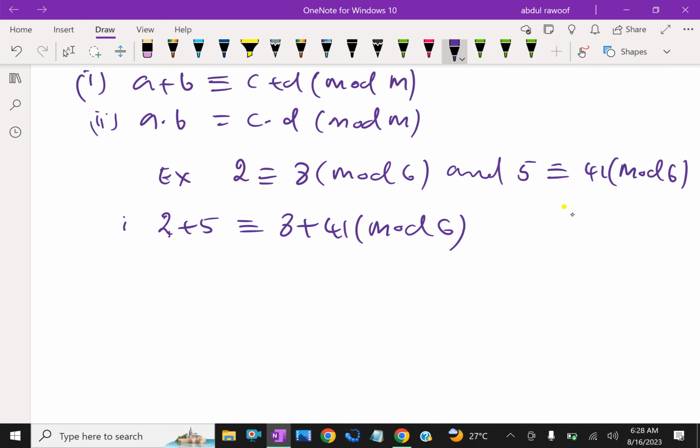And p of 8 is 192, that is 3x squared, 192 minus 56 plus 5, which is equal to 141. Hence from this result, 3 is congruent to 141 mod 6. Like that we can express in modulo form.